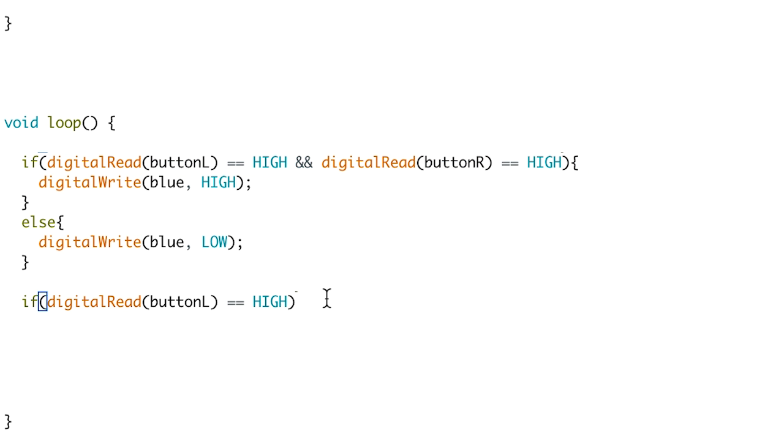So what we're going to do is we're going to add another AND statement and say if the digital read of button R is equal to low, which means basically, so if this button has been pressed, but this one hasn't been pressed, then we're going to turn the left LED on.